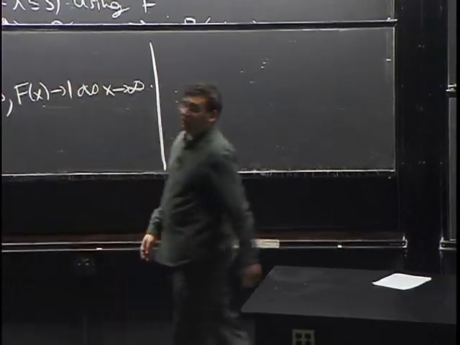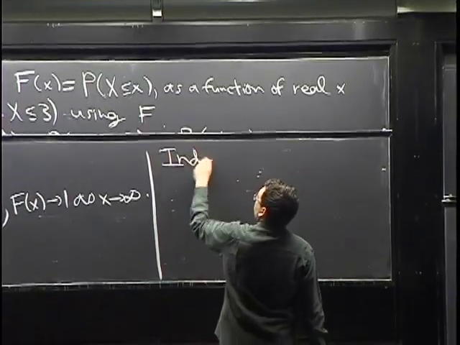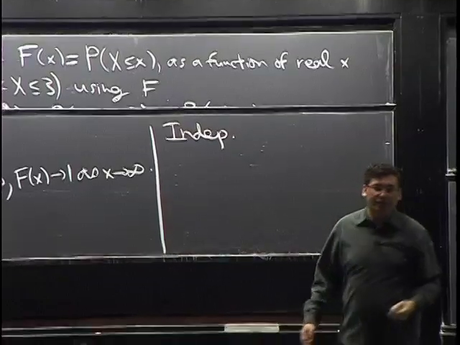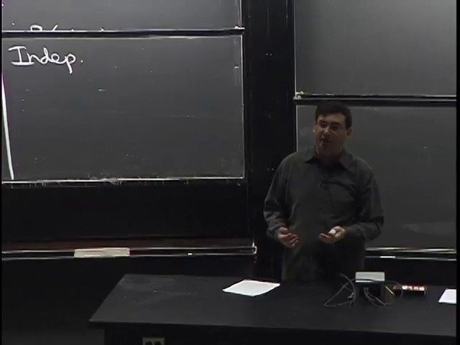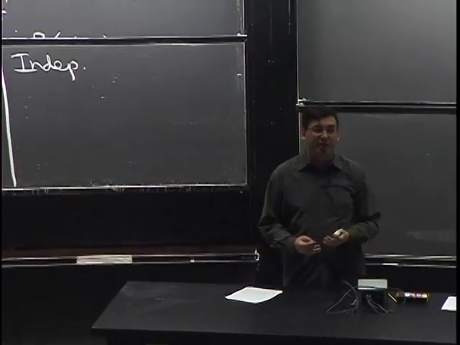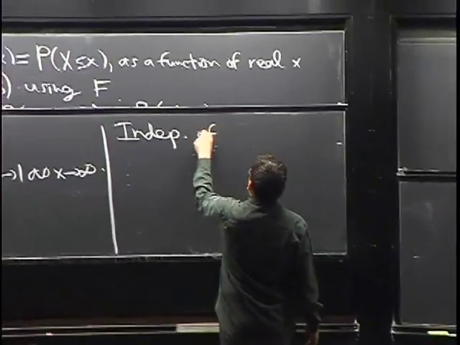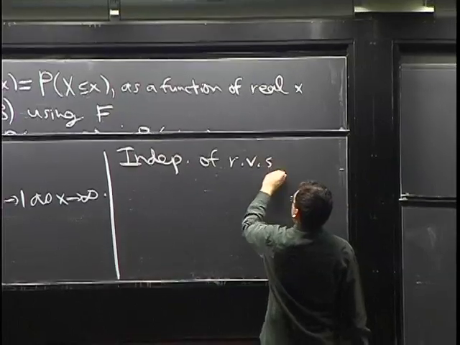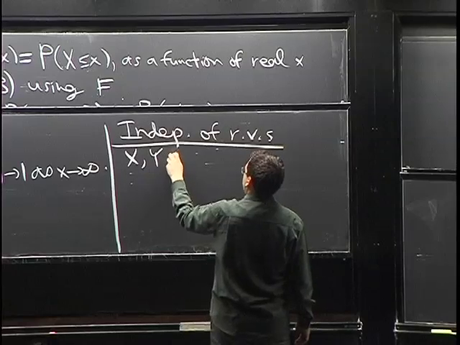One more definition is independence. So we already know what independence of events means, and we've been talking a little bit about independence of random variables kind of intuitively, but I want to say what's the precise definition of independence of random variables. So we say X and Y are independent. This is just a definition.